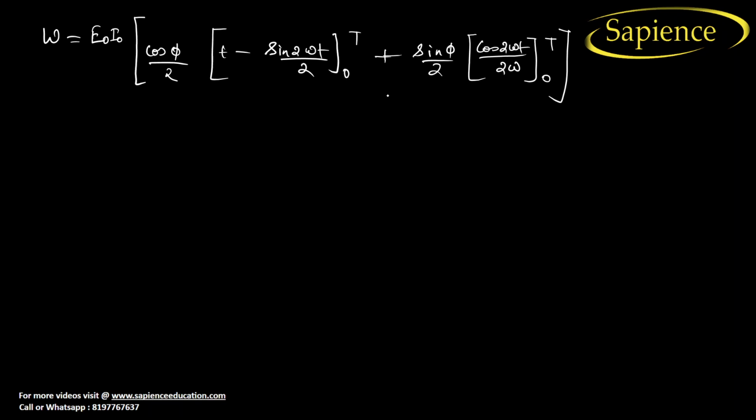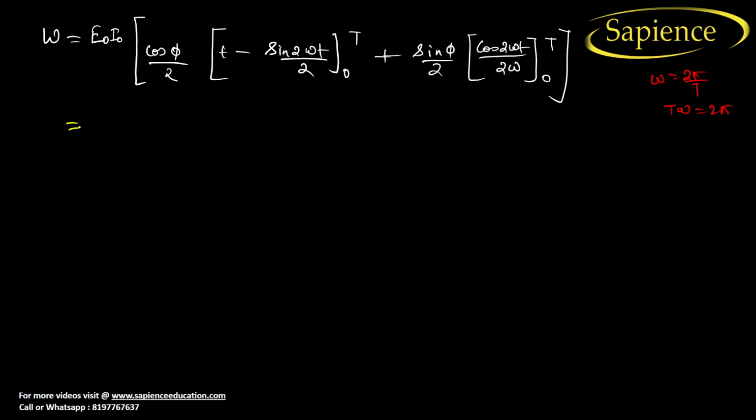Now we need to put the values. And one more important thing we need to understand is that omega is equal to 2 pi by T. So from here, T omega can be written as 2 pi. So first of all we need to put the limit.